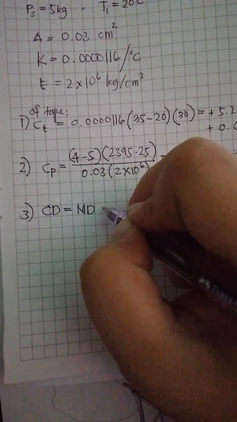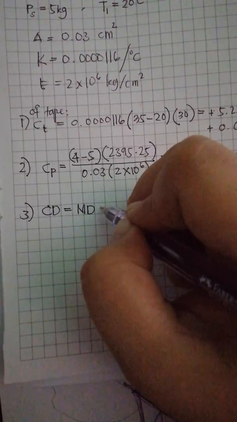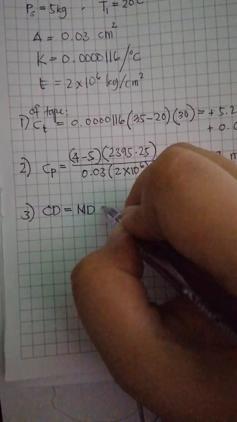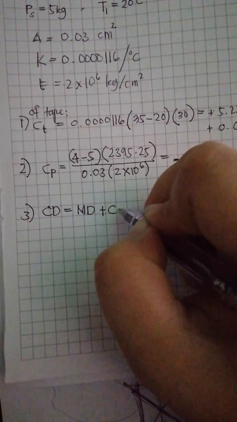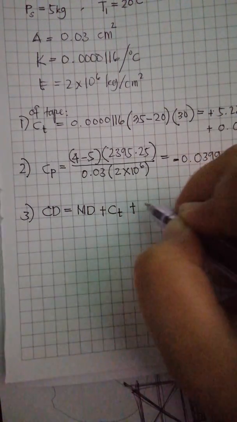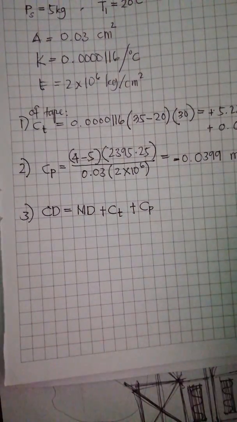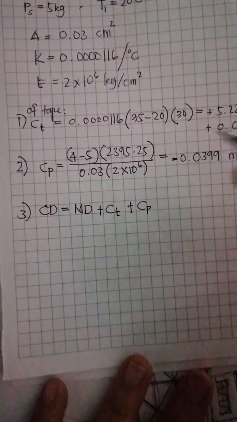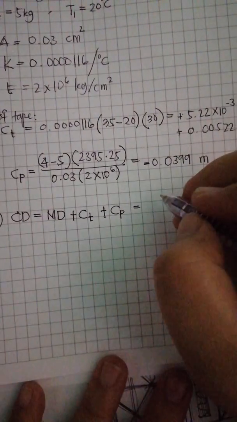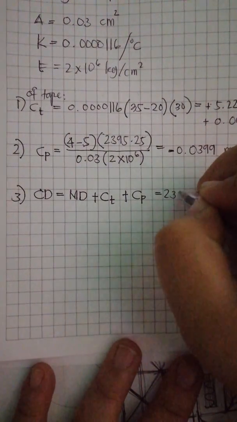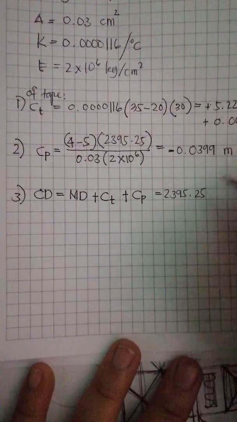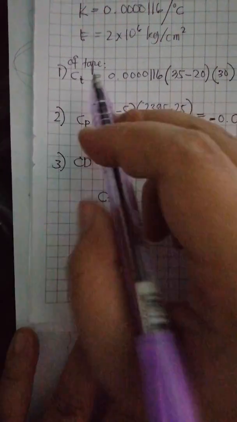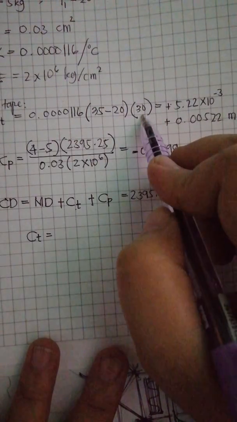Then, add ang correction due to temperature, add pang correction due to pull. Ano pang causes? Okay, wala na. So, measured distance is 2395.25. Yung correction due to temperature, don't use this one because this is only for the tape.